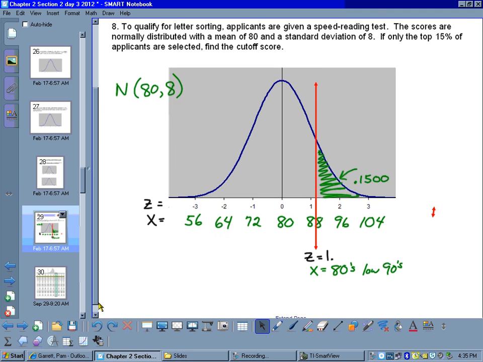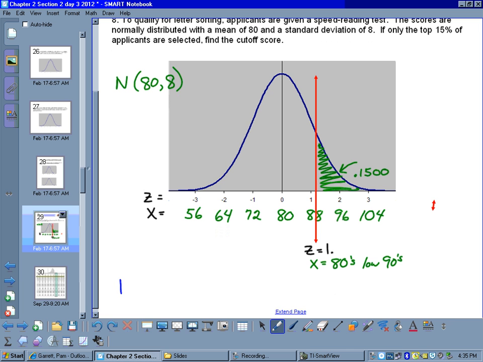The next step is to write my probability equation. I'm looking for scores that are higher than 80 or 90 something, which is equal to a z-score being greater than 1 point something, which I know is approximately 15%, the top 15% of all applicants.